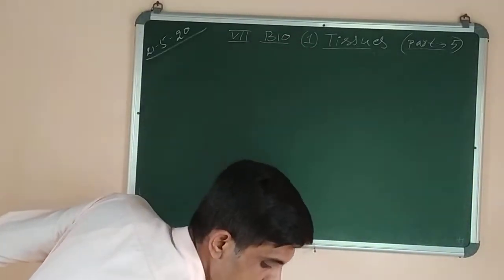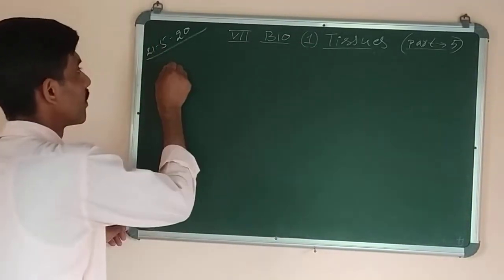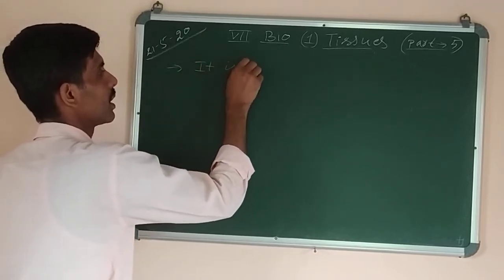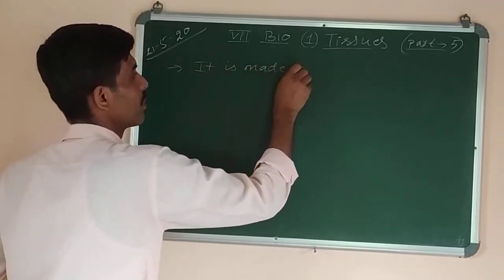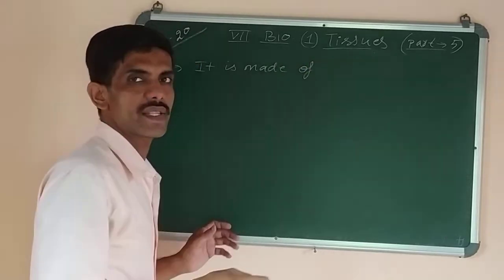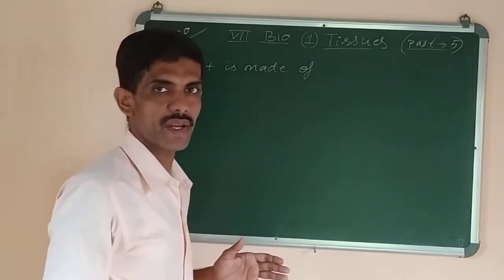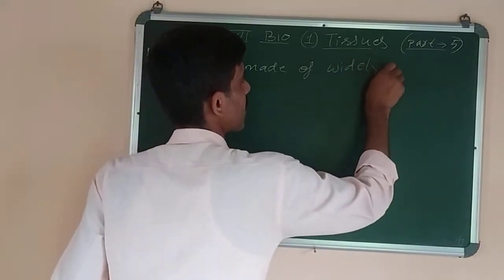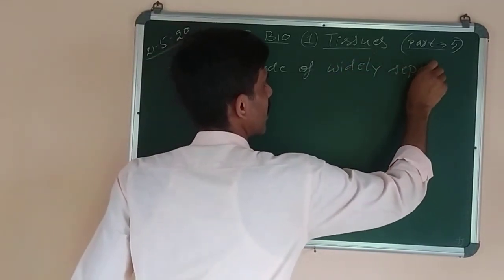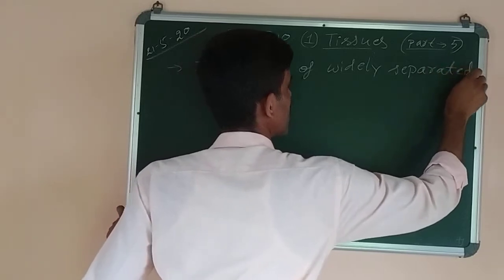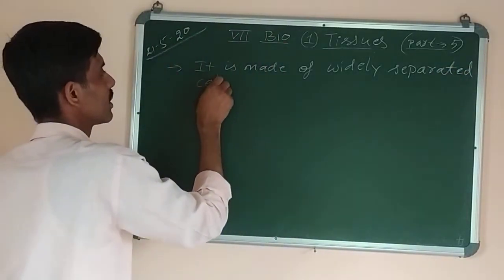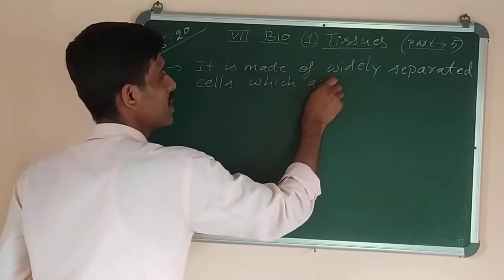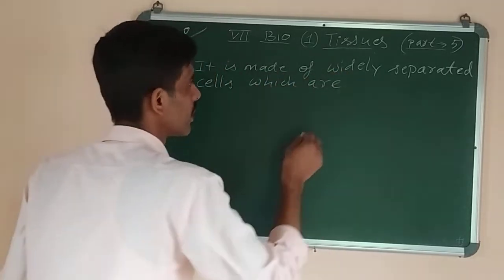Now what is connective tissue made up of? Connective tissue, I am writing, is made of widely separated cells, which are embedded. Embedded means which are present.